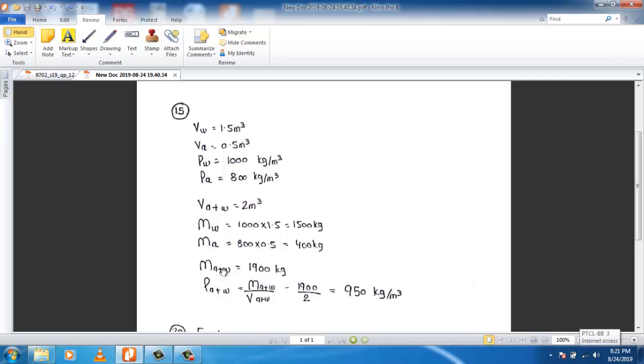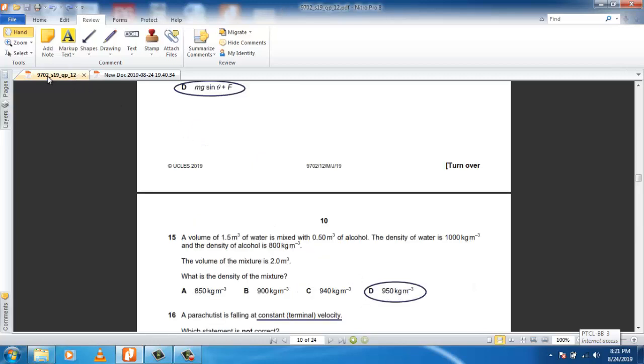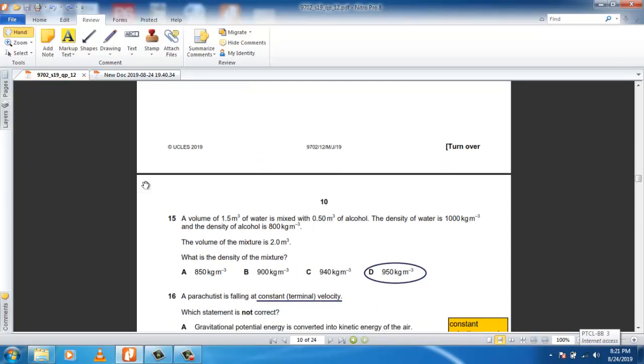So you can calculate the total mass of alcohol plus water. It's 1900 kg. And then you can find the density of the mixture. Density of the mixture will be the total mass divided by the total volume. The total mass is 1900, the total volume is 2, so it's 950 kg per meter cube. So the appropriate answer is D.